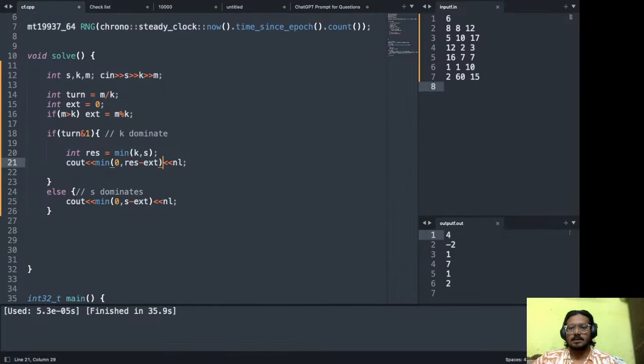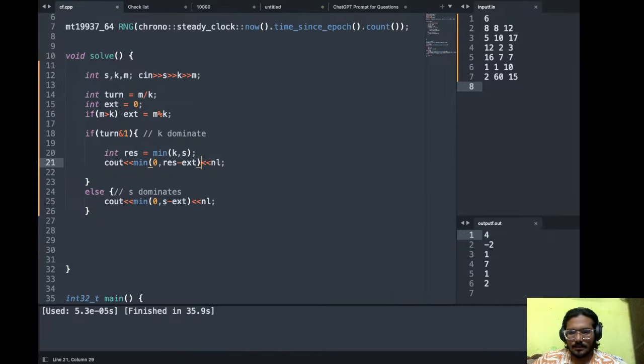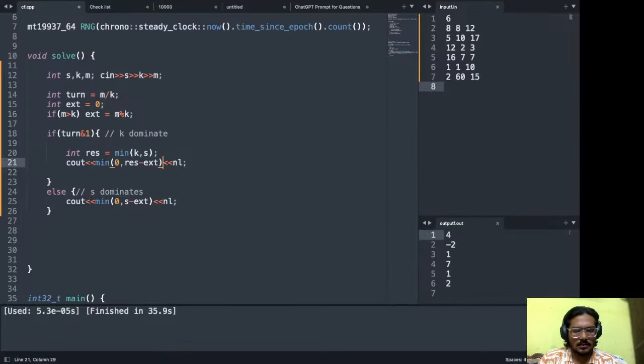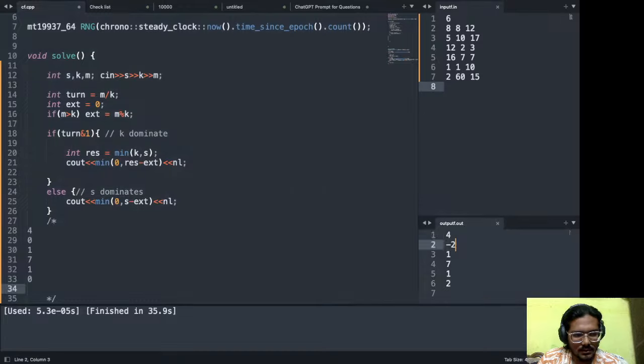Okay, so what should it be? I'm off by how much? Let me check. 4, 0, okay, this one is solved. 1 is correct, 7 is correct, 1 is correct.